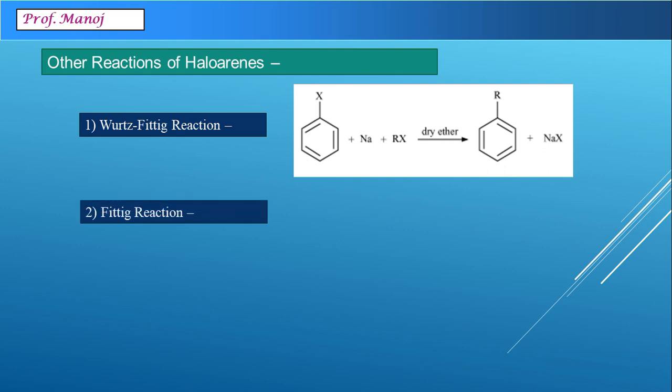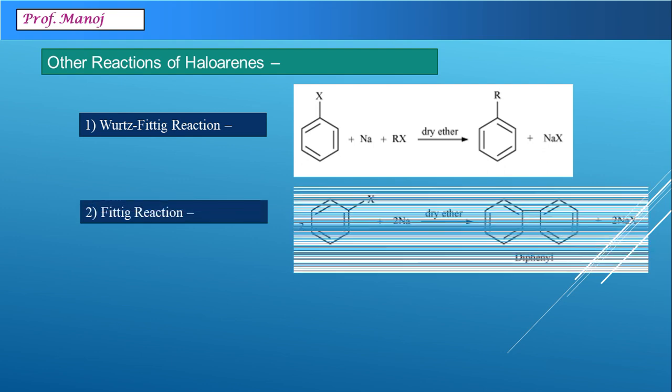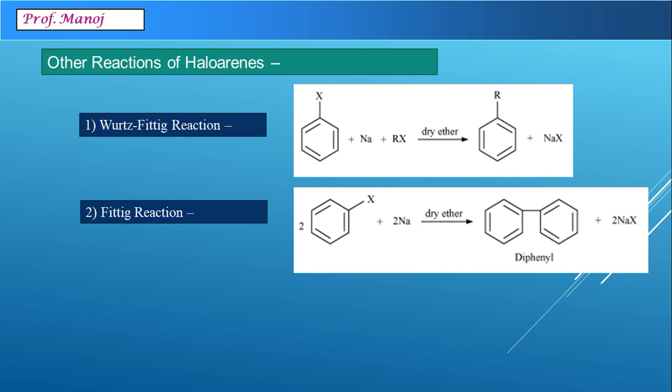On the other hand, you have something called a Fittig reaction, wherein the Wurtz reaction type reaction happens but both reacting molecules are haloarenes themselves. The product obtained is called diphenyl. Now this diphenyl can also be produced from a reaction called Ullmann reaction.